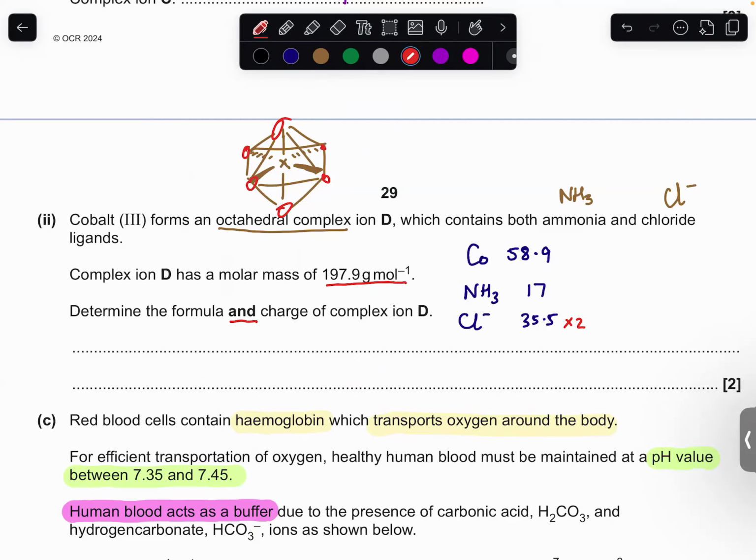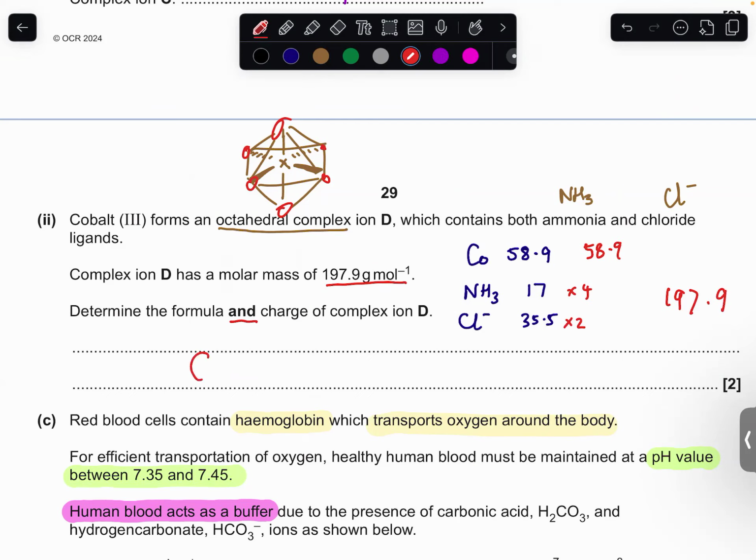Two chloride ions. Let's try 4 ammonias, and you've got 1 cobalt, 58.9. If we add these up, that happens to work out to 197.9. So it's asked you to determine the formula.